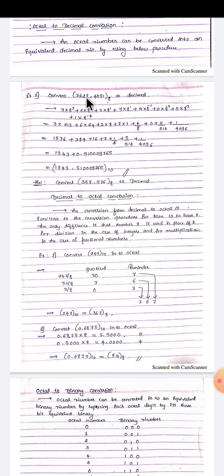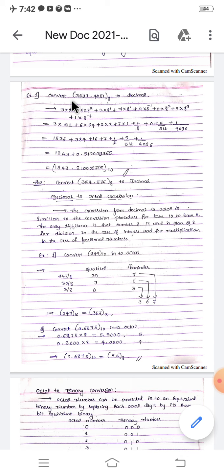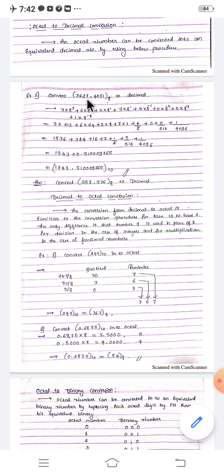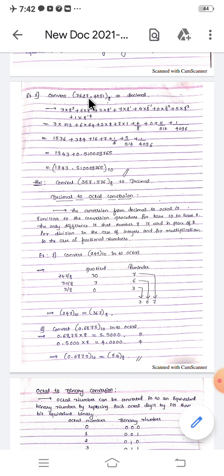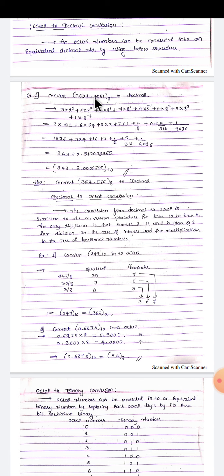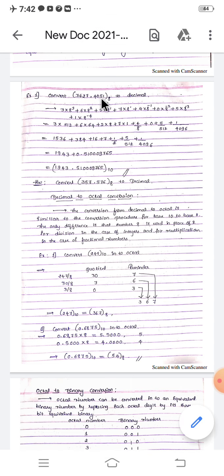So 3 into 8 raised to 3, plus 6 into 8 raised to 2, plus 2 into 8 raised to 1, plus 7 into 8 raised to 0. Next, after the point, 4 into 8 raised to minus 1, plus 0 into 8 raised to minus 2, plus 5 into 8 raised to minus 3, plus 1 into 8 raised to minus 4.